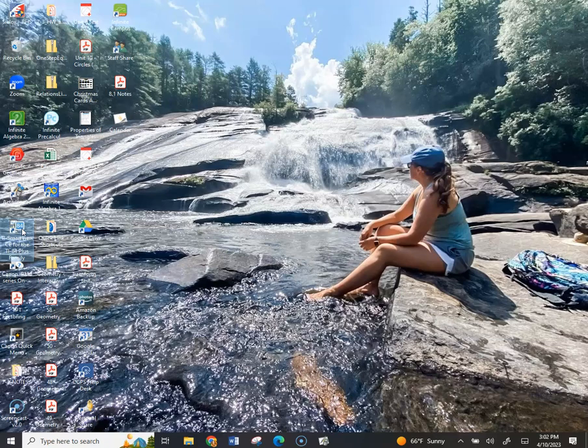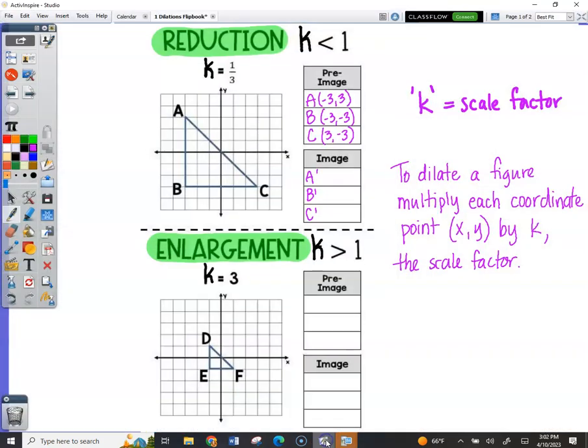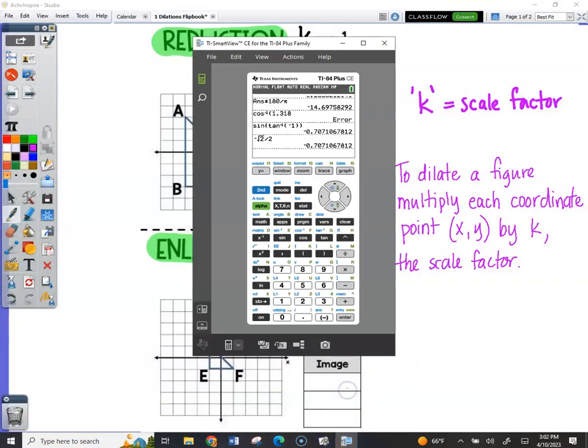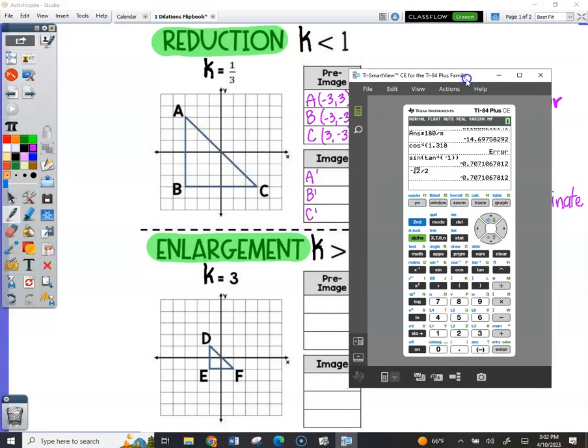1/3 can be entered one of two ways. You can enter it as 1/3, or you can enter it as the little fraction shortcut. -3 times 1/3. You can do it that way.